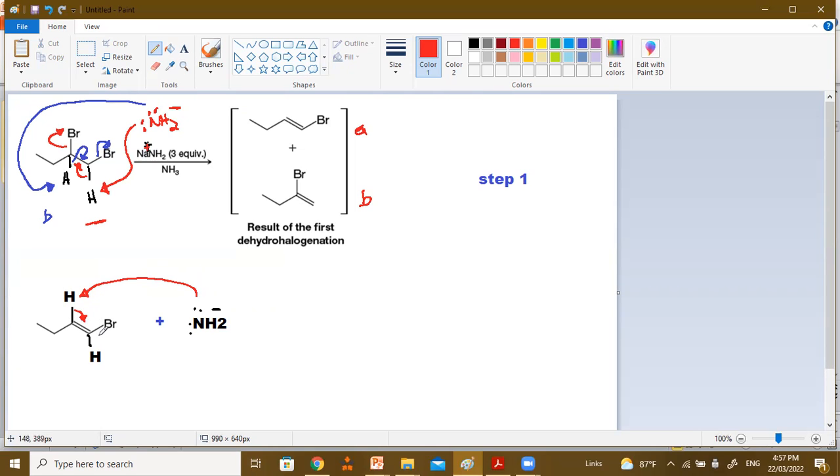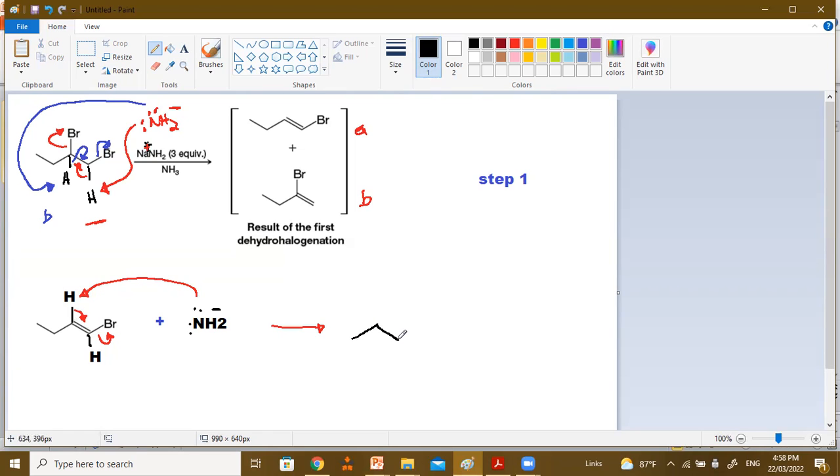Once it forms the triple bond, the bond between this carbon and bromine will have to be broken also, and bromine will get all the electrons. So your product will have 1, 2, 3, 4 carbons.